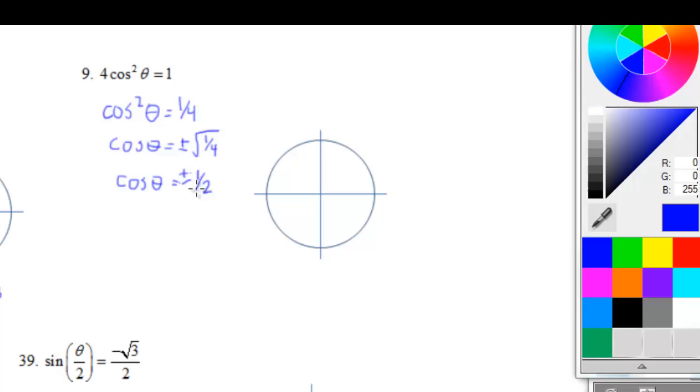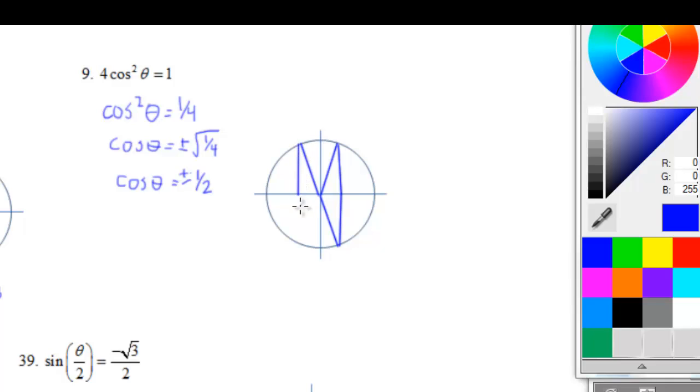So there are actually 4 positions around the circle where cosine could equal positive 1/2 or negative 1/2. We already have 2 of them right here, so I'm going to put those in from the last problem. So there's one of them. There's another. And then there's 2 more over here because the negative ones count as well.